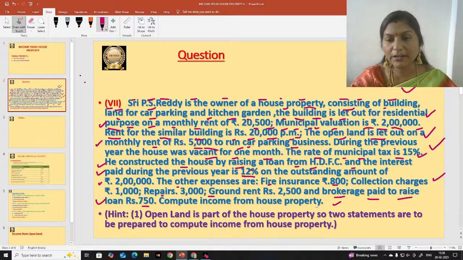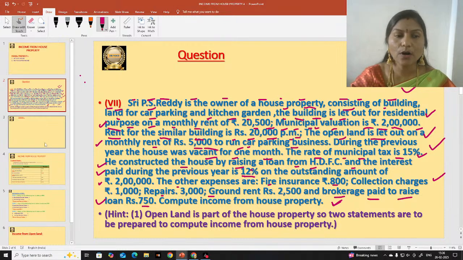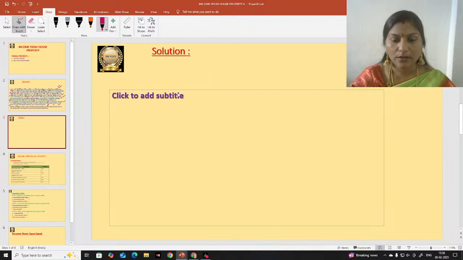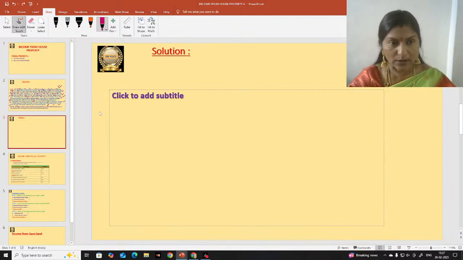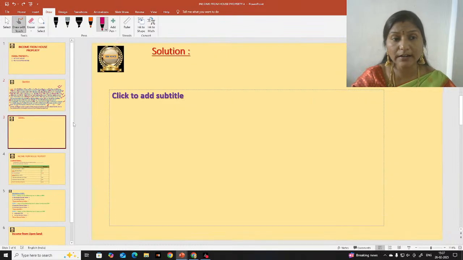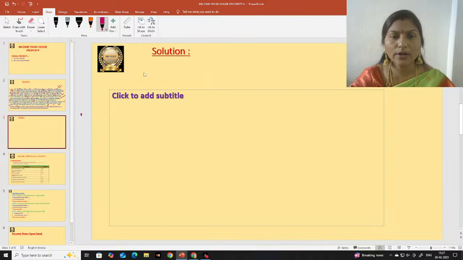So here, compute income from house property. They are asking us to calculate income from house property. Let us go to our information box and record everything. Here we have our information box and we are going to write that. We record all the details, as in regular cases: MRV, FRV, ARV, and SRV if it is given, so that it will be easy for us to do the solution.